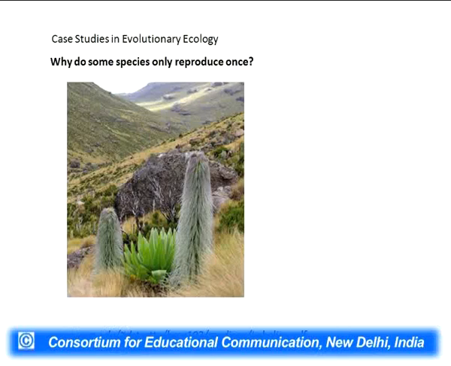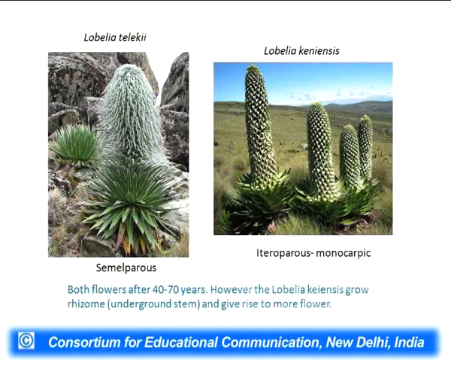Similarly, there is a very interesting example of one plant which is shown over here, and this plant comes in a genus called Lobelia, and these are mostly found on Mount Kenya, and there are two species I am showing here. One is called Lobelia telekii, and the right side plant is called Lobelia keniensis.